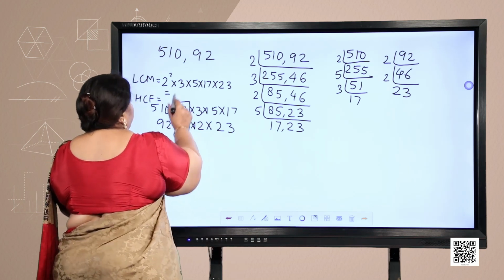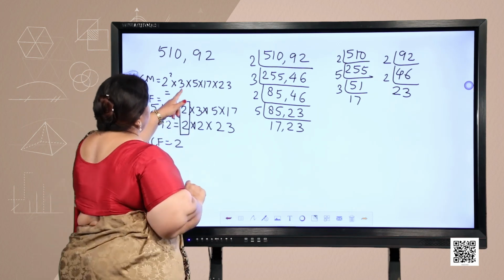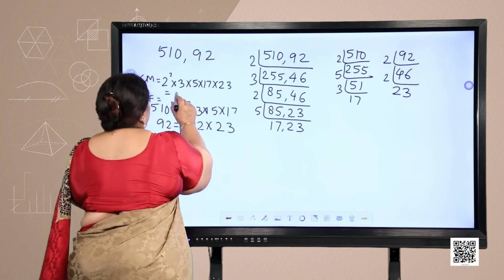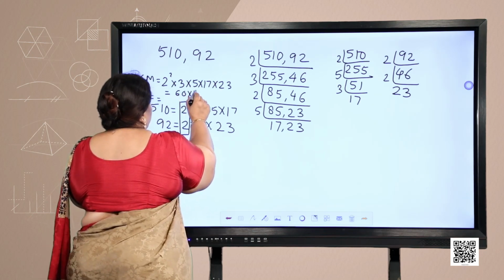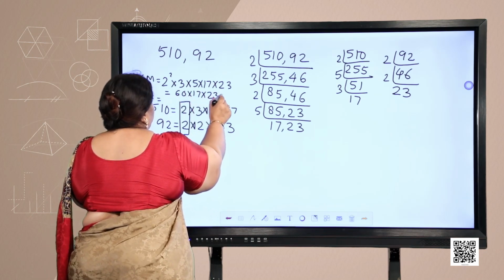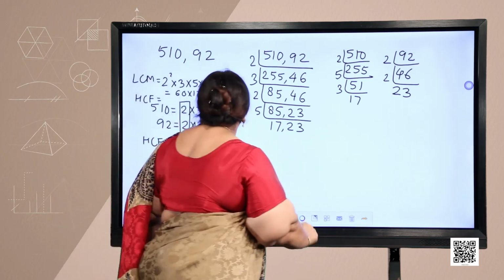Let us multiply here to calculate 4 3s are 12, 12 5s are 60. So, 60 into 17 into 23 will give me the LCM.